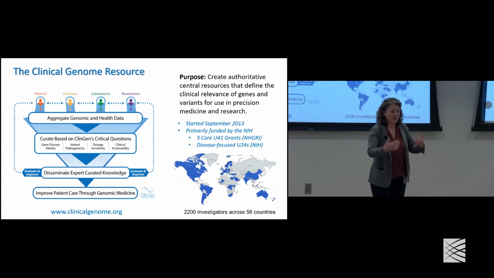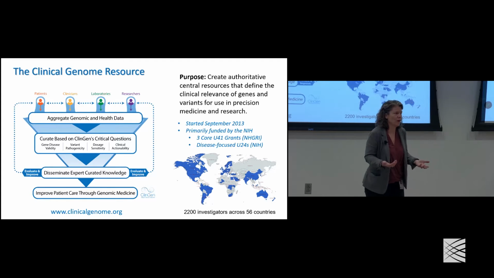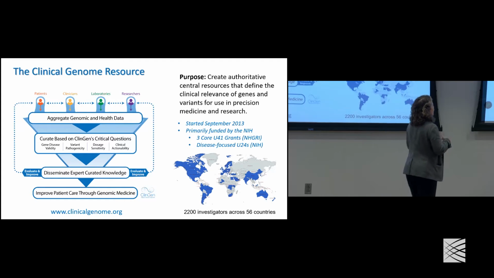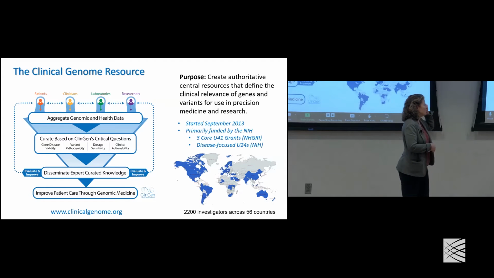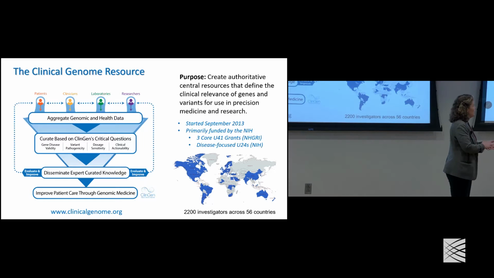If I find a pathogenic variant in this variant and give it back to a patient, is there some action that could be taken to improve health? Those are the major domains that ClinGen focuses on to curate information, ultimately to disseminate it and improve clinical care, as well as research.